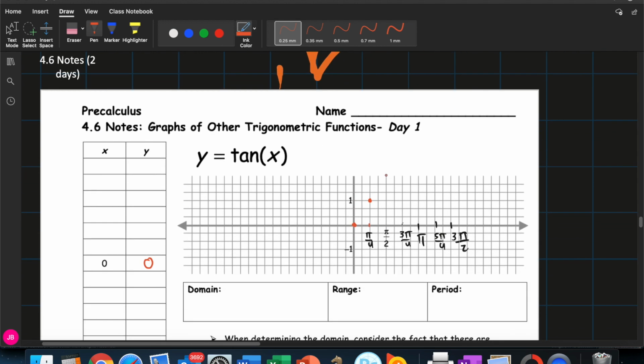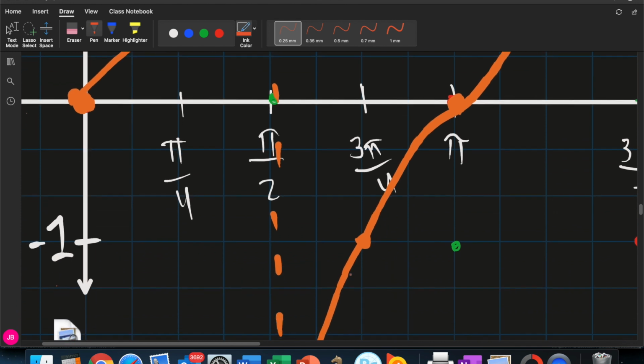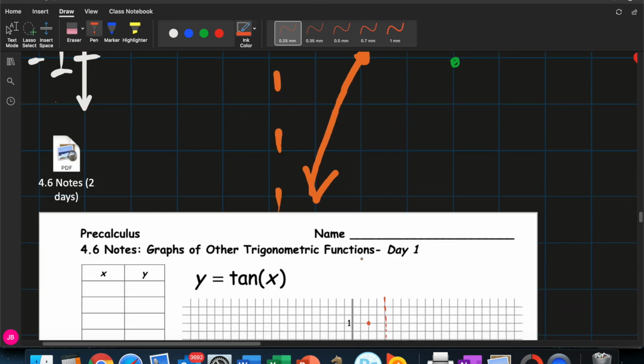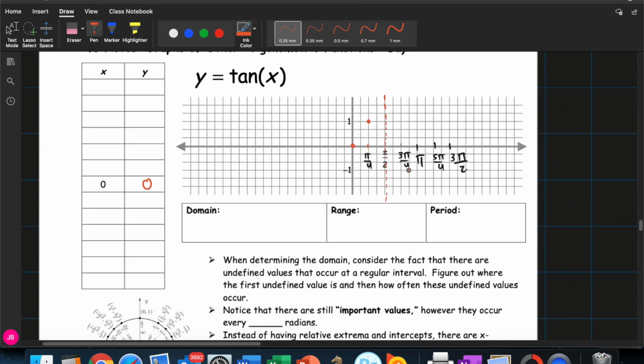So at pi over 2, we're going to have an asymptote. And then at 3 pi over 4, if we look back, what did we have? A negative 1. And then at pi, we went back to 0. 5 pi over 4, we went back to positive 1. And at 3 pi over 2, we had another asymptote.